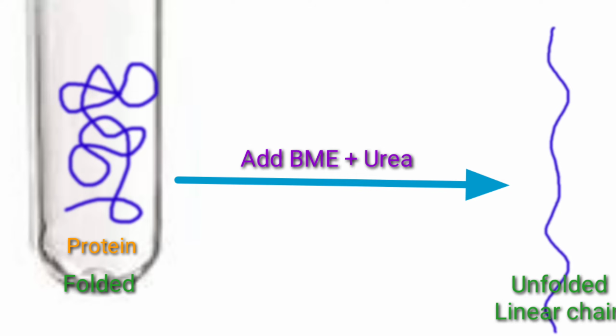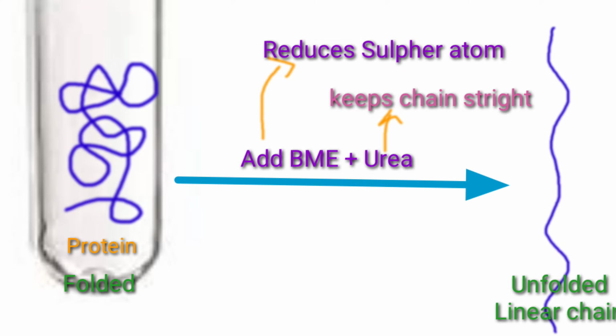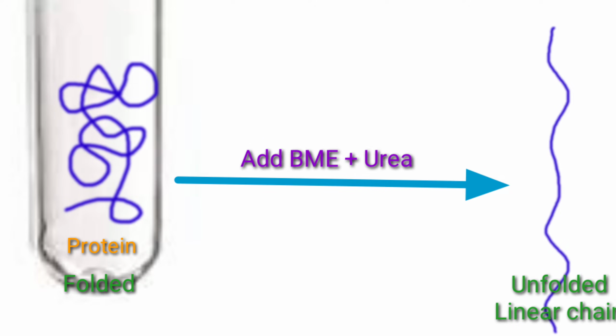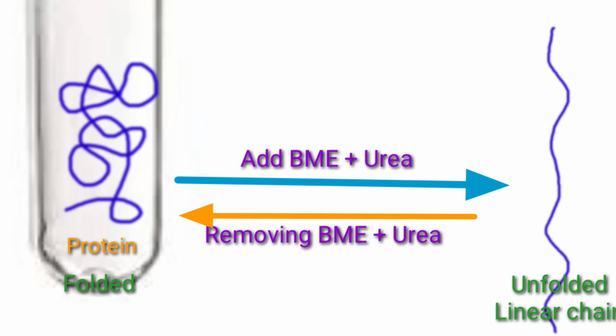Because beta-mercaptoethanol is a reducing agent, while urea helps in straightening it or making it linear. If you remove the beta-mercaptoethanol and urea from the test tube, you will find that the protein will again create disulfide bonds and will show the same conformation as before.